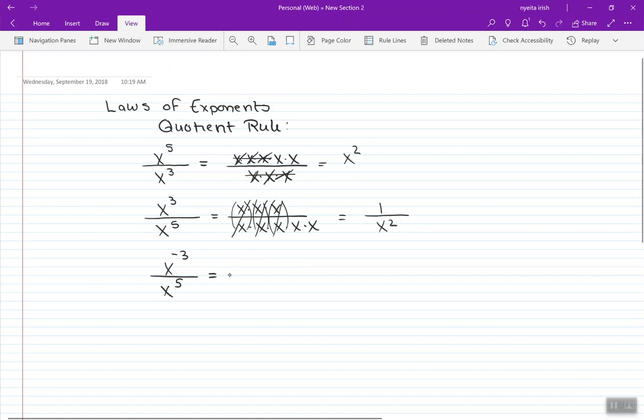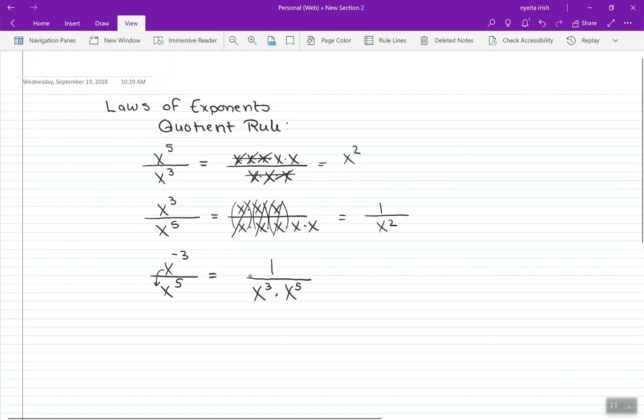This is x to the negative 3. So what I'm going to do is use our property that says, well, if I have a negative exponent in the numerator, I can cross the line and change the sign of the exponent in the denominator. So this becomes x to the positive 3 in the denominator. X to the 5 is going to be left where it is because its power is already positive.